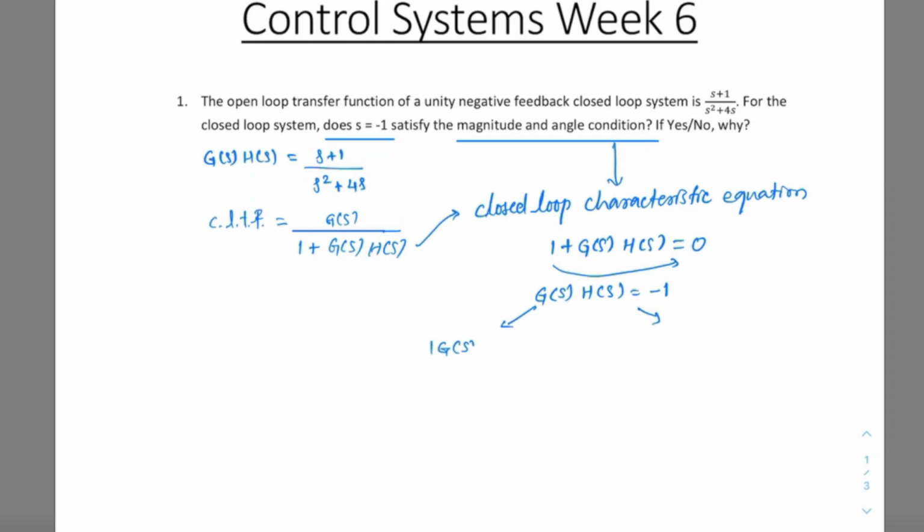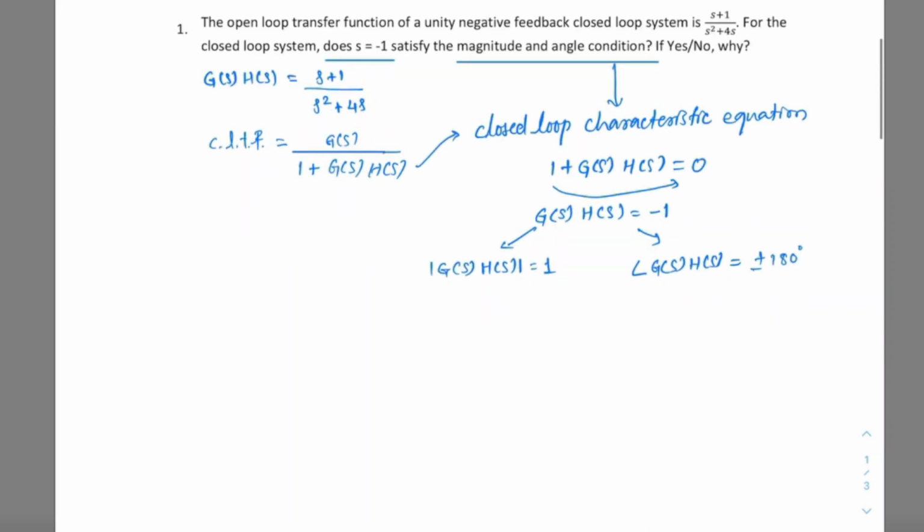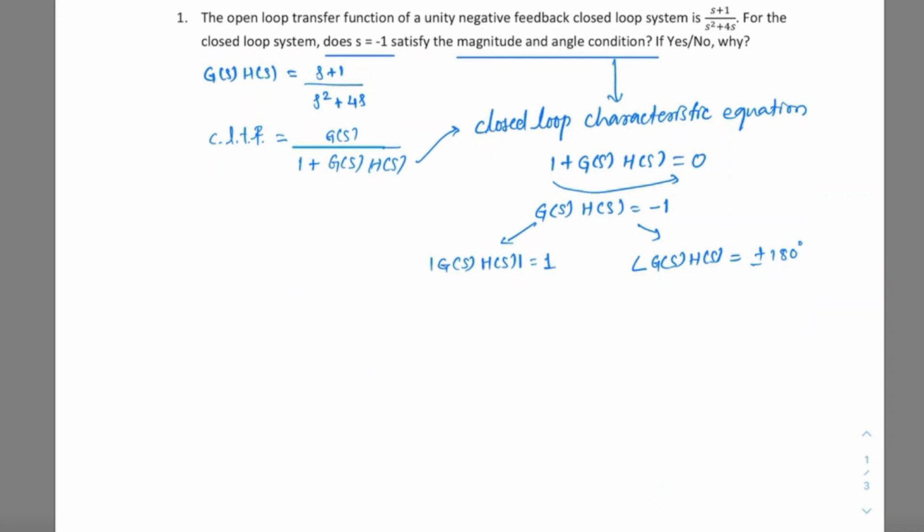Magnitude of g of s h of s is equal to 1, and the angle of g of s h of s, since this is minus 1, is plus minus 180 degrees, an odd multiple, so 2k plus 1 times 180 degrees, where k is equal to 0, 1, 2 and so on.